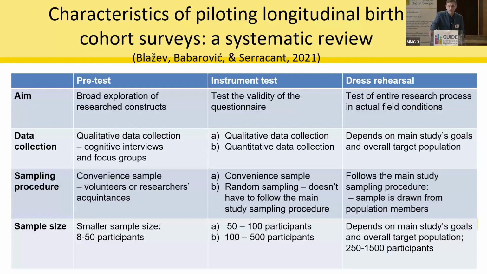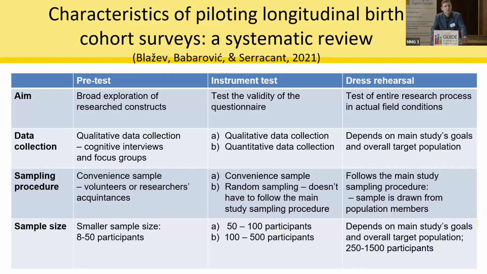We decided to do it quantitatively, and it could be done on really good random samples, completely the same as in the main study, but also can be done on convenience samples and approaches. And it's very variable. According to the sample size, it could be like 50 participants, but also like 500 participants across the different longitudinal birth cohort surveys.